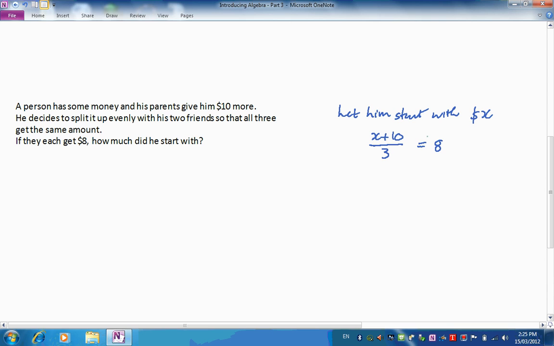To find that missing number x now, let's go backwards and reverse the steps. Before we divided by 3, what was the number? Well, let's reverse it. Let's times by 3. So that x plus 10 would have been 24 before he split it between the 3 of them.